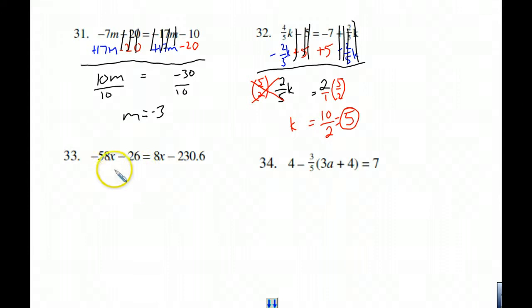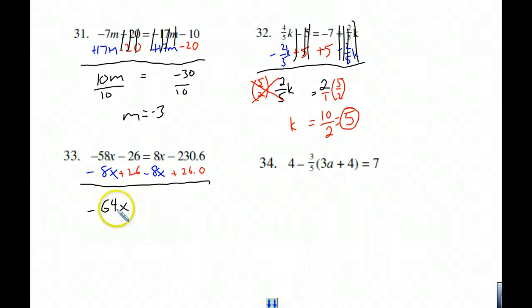Number 33. Alright, let's go ahead and solve this. Variables to the left. So let's subtract 8x. Subtract 8x. Numbers to the right. Add 26. Add 26 and I'll put 0.0. Keep the decimals lined up. Negative 58 and negative 8 would be negative 64x. Okay, this is 0. This is 0.